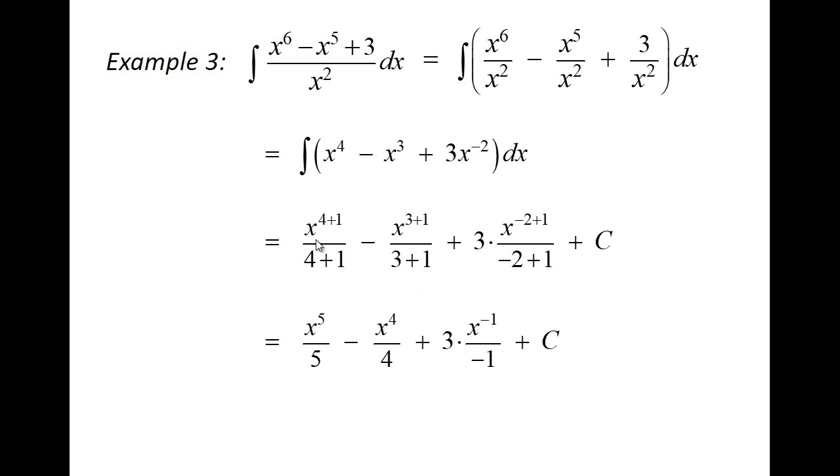And so we get x to the 5 over 5 minus x to the 4 over 4 plus 3 times x to the negative 1 over negative 1. So basically I'm rewriting this as negative 3 x to the negative 1, which is the same as negative 3 over x, plus c. So that is the indefinite integral of this function right here.